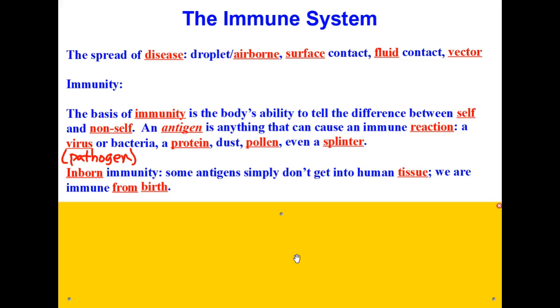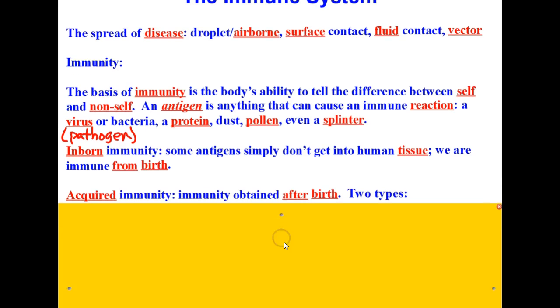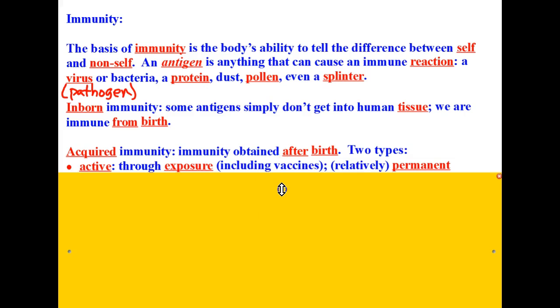Inborn immunity is when some antigens simply don't get into human tissue because we are immune to them from birth. However, there's also what is called acquired immunity. This is immunity obtained after birth, and there are two types. There's active immunity through exposure, including the use of vaccines, and active immunity is relatively permanent.